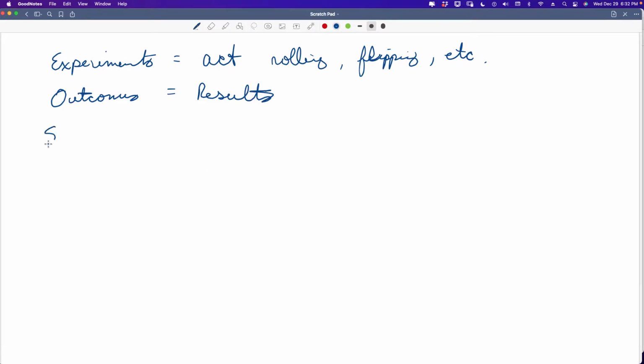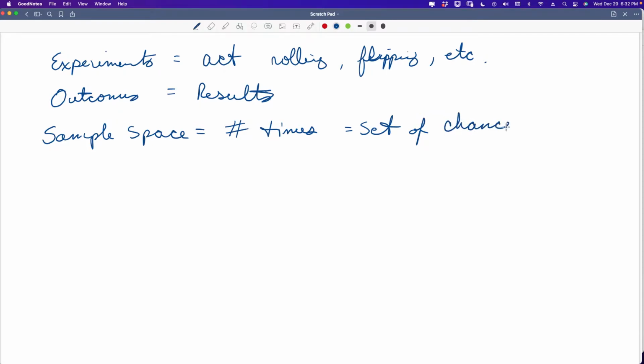And your sample space, that is going to be the set, or the number of times that we do this, or the set of chances. Okay?